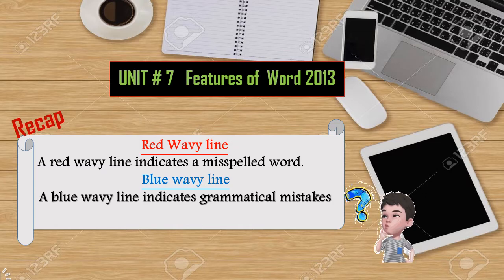A red wavy underline indicates a misspelled word. Any word that is not there in the Word dictionary is marked as misspelled. And what is a blue wavy line? A blue wavy line indicates a grammatical mistake. Hope it is clear to all of you.